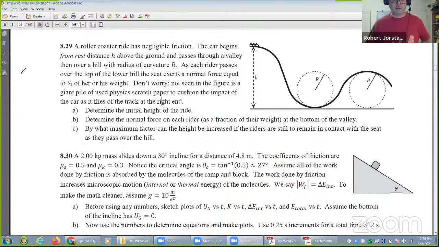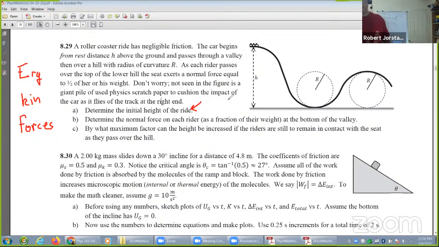We have energy, we have kinematics, and we have forces. I think those are our main three tools at this point, right? Which tools would you use to try and figure out the initial height of the ride? I'll wait for a second and let you think about it.